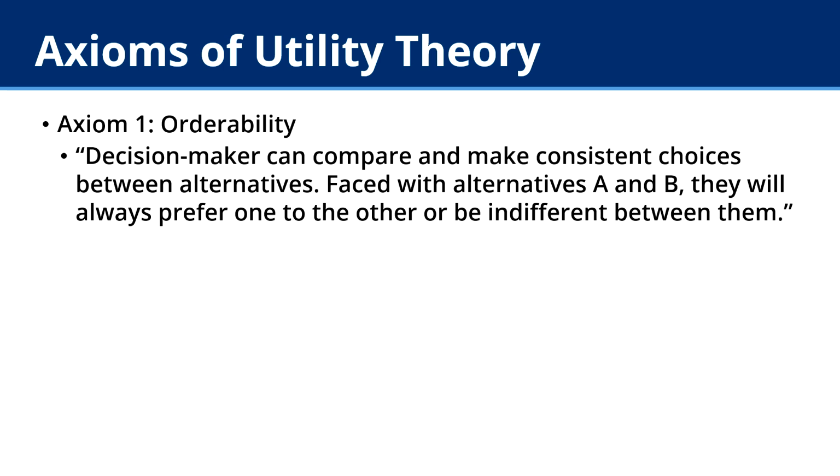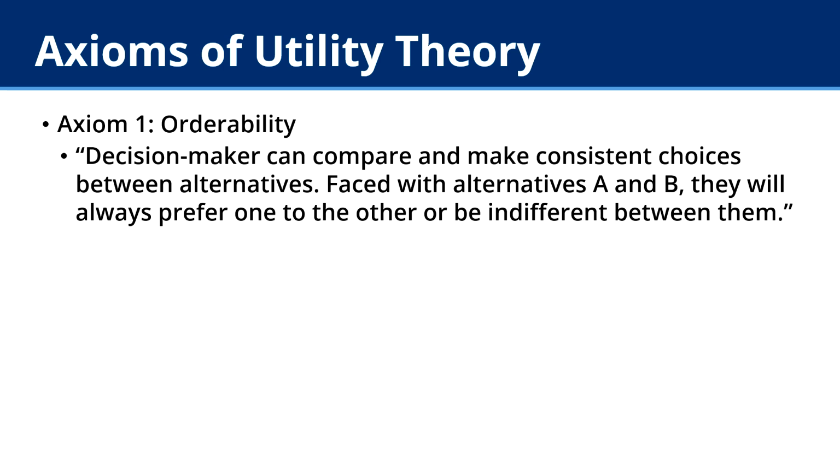Again, this might be somewhat problematic in a real world setting, because the way people rank their preferences may change depending on how that's elicited, right? But the underlying assumption in utility theory and utility values is that the decision maker is able to compare and is consistent with their choices. If they prefer A to B, they will always prefer A to B. If they're indifferent between A and B, they will always be indifferent between A and B.